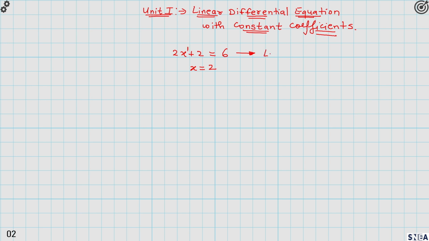So when its degree is 1, the equation is called a linear equation, that is, when x has the power of 1. So x equals 2 is the solution of the equation.